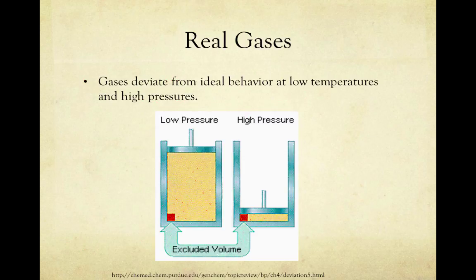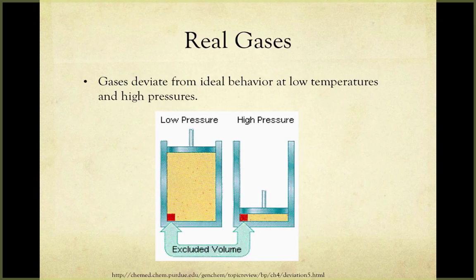As we mentioned before, the ideal gas law makes some very important false assumptions. These false assumptions don't really matter under most conditions. But notice, real gases do deviate from ideal behavior under certain conditions. A real gas will stop behaving ideally at low temperatures and high pressure. This should make sense. Consider the picture below.